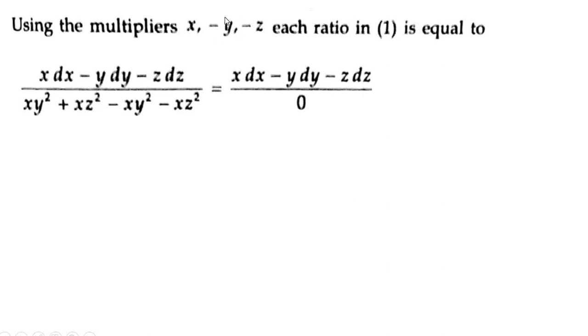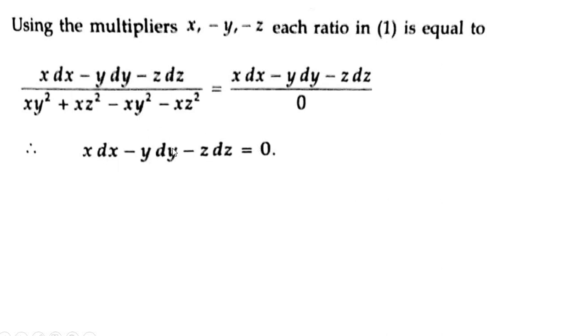Multiply the second term with minus y, so x into y is minus xy square. Multiply the third term with minus z, so x into z is minus xz square. So all the terms will get cancelled here, plus xy square minus xy square plus xz square minus xz square will get cancelled and you get the denominator equal to 0. So this implies x dx minus y dy minus z dz equal to 0.